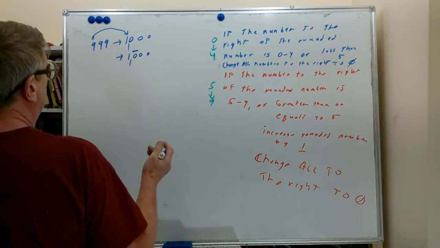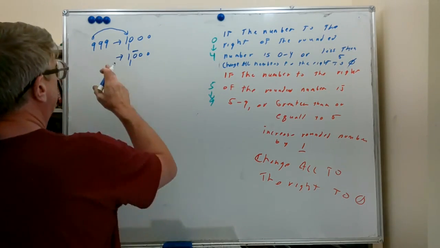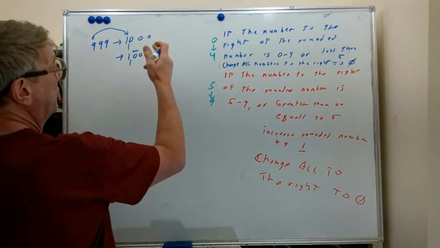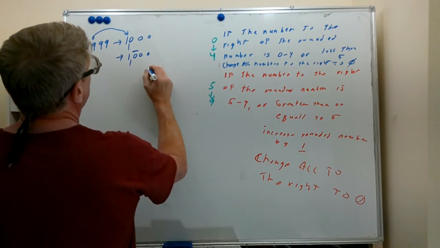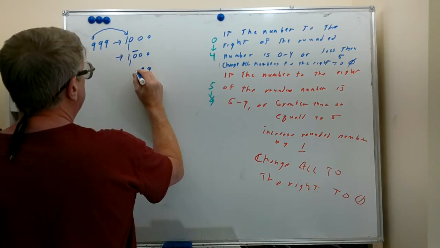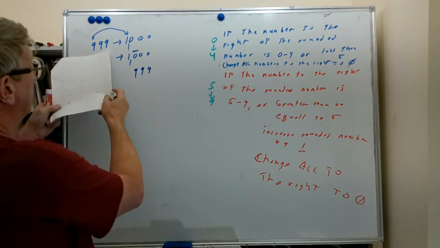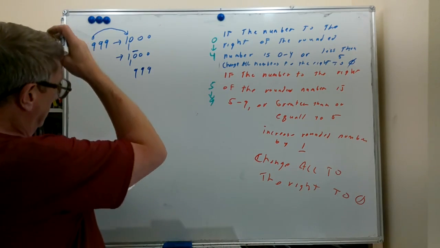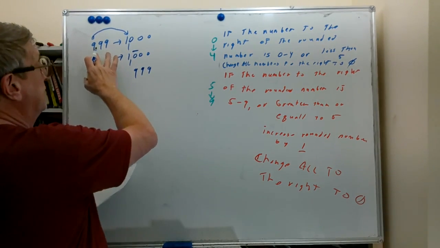Yeah, well, what's to the right of the 9? There's nothing. So basically it's a 0 over there if you went past the decimal place. So that rounded digit does not change. So 999 remains the same when we've rounded this to 3 significant digits. And you can see that that would be a little bit closer to the given number than 1,000.